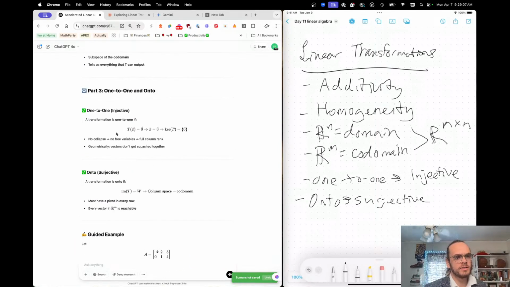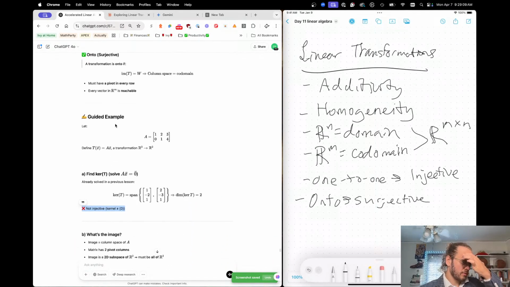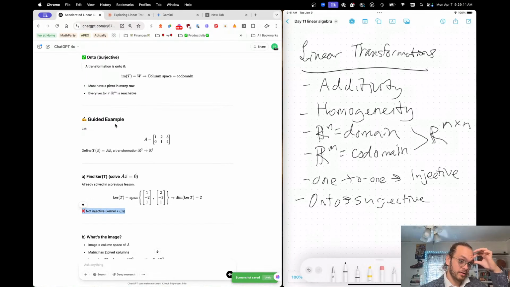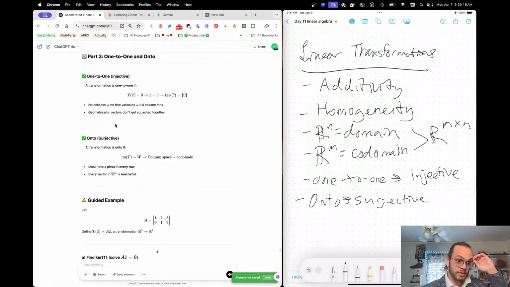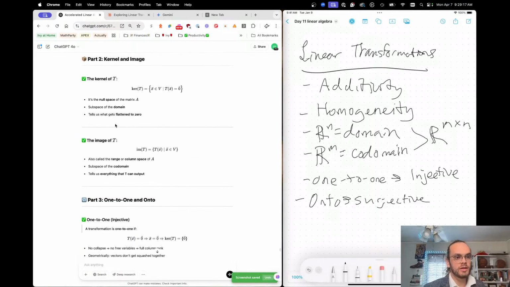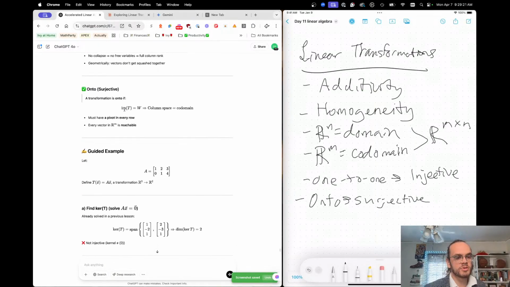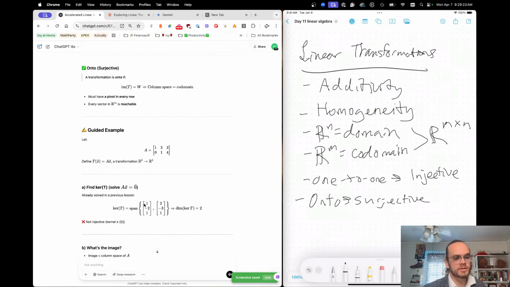It's not one-to-one because one-to-one would always have a kernel that is 0, and a kernel is the null space. So there's no null space for a one-to-one map, but there is one for this.